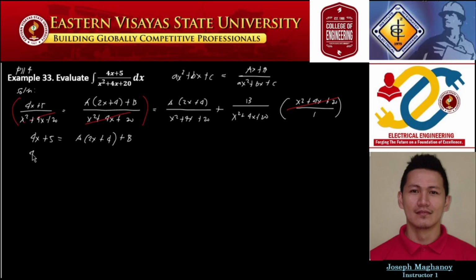This is also equal to 4x plus 5 is equal to, we distribute the A to our quantity 2x plus 4, so it will become 2Ax plus 4A plus B.